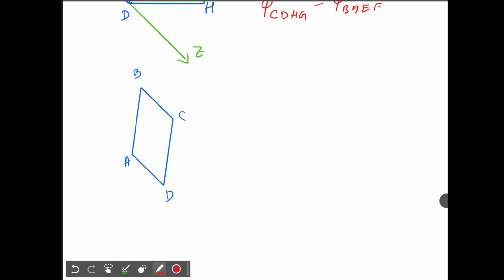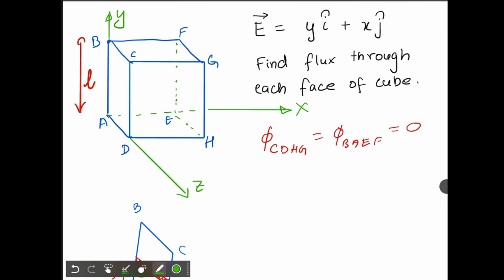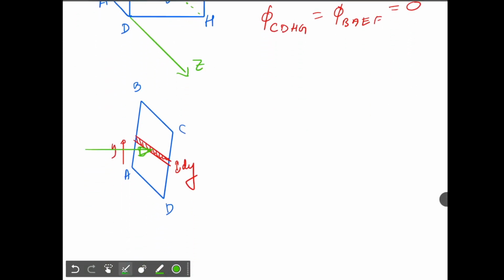Now at a height y, I will take a thin strip of thickness dy. Fine. And the electric field is going into the plane. Why? Because field is y i cap. Y is positive. So field is also in positive x direction. So it is going inwards.